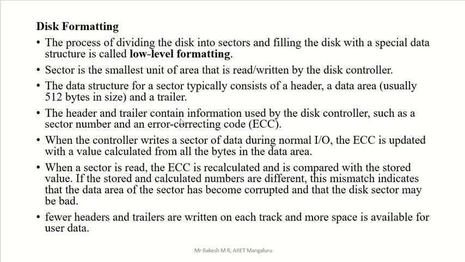The header and trailer contain information used by the disk controller, such as the sector number and the error checking code, ECC. That is a small part; the remaining everything is dedicated to the data area. There we can save any data.